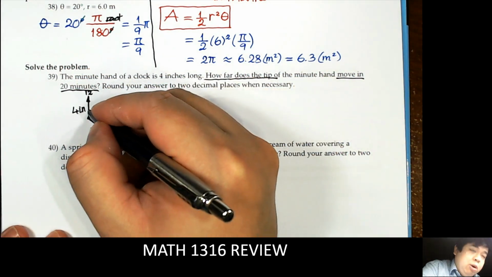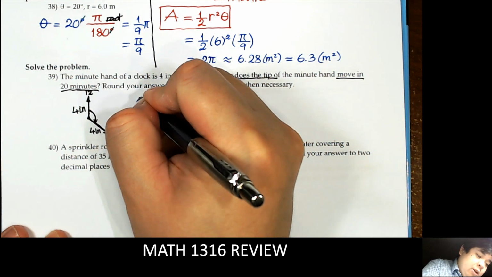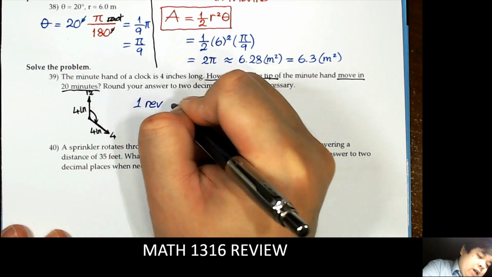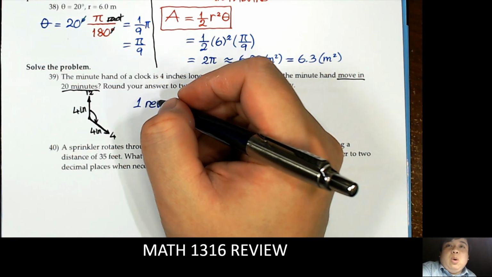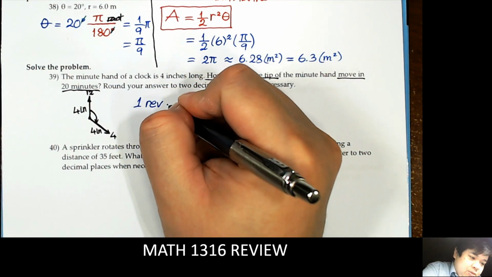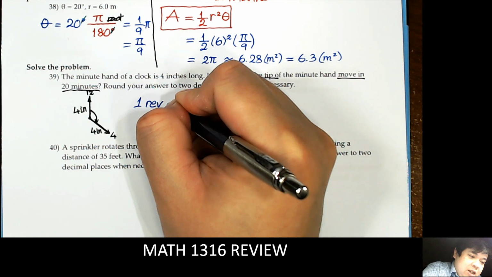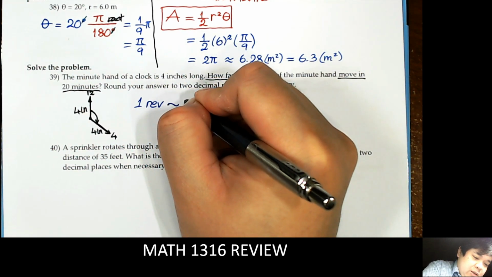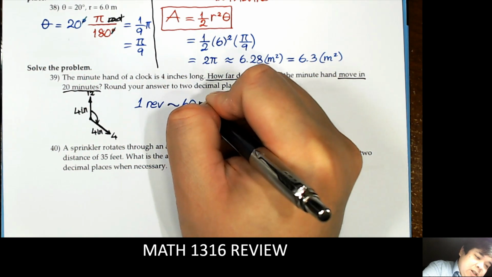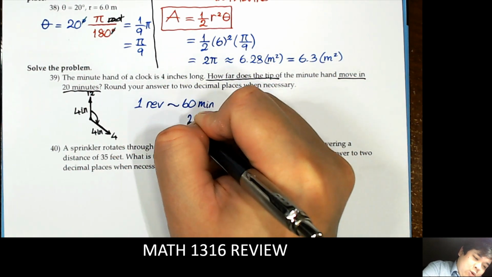But if it will travel 1 revolution, so 1 revolution is equivalent to 60 minutes. So now we have 20 minutes.